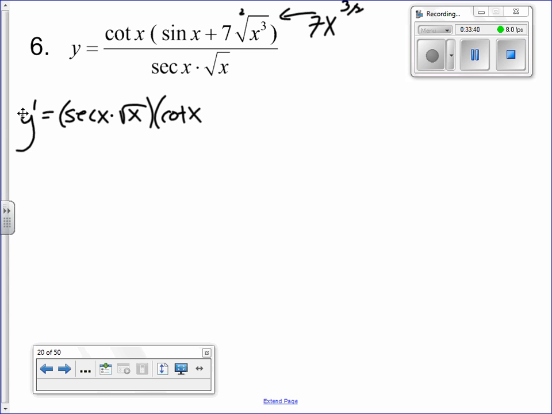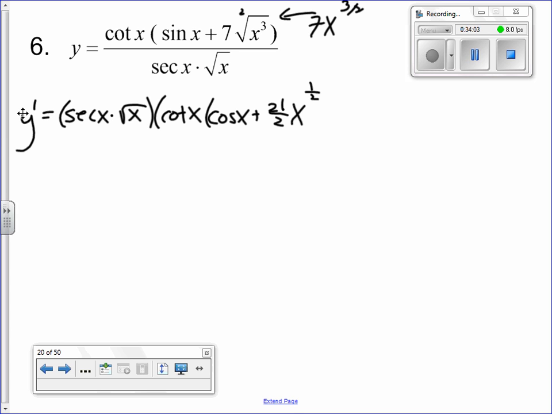All right, so here we go. First times derivative of the second. So cosine x, plus, no, we're still doing the whole first, plus 21 over 2x to the, well, I'm just going to leave 1 over 2.